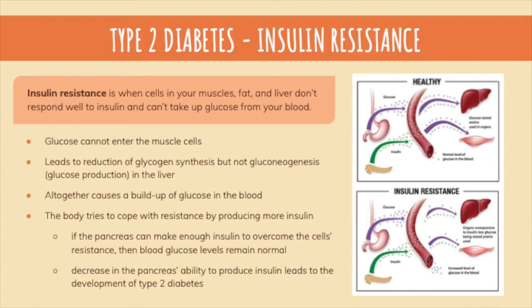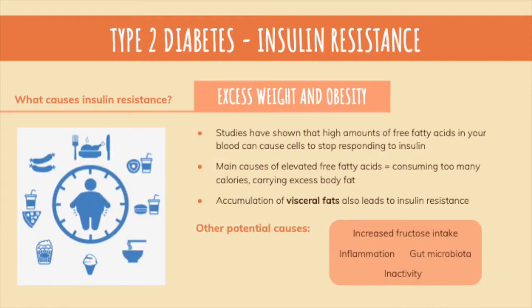Okay, so studies have shown that one of the main causes of insulin resistance is excess weight and obesity, as high amounts of free fatty acids in your blood can cause cells to stop responding to insulin. The main causes of elevated free fatty acids would be consuming too many calories or carrying excess body fat in general. In particular, the accumulation of visceral fats, which are fats and generally excess weight in the abdomen area, like belly fats, can also lead to insulin resistance.